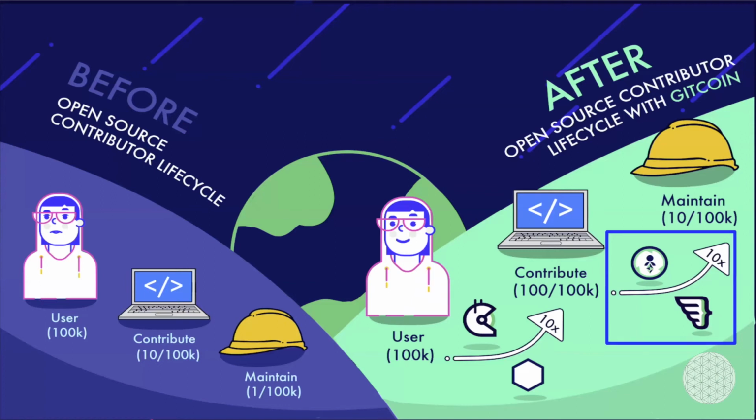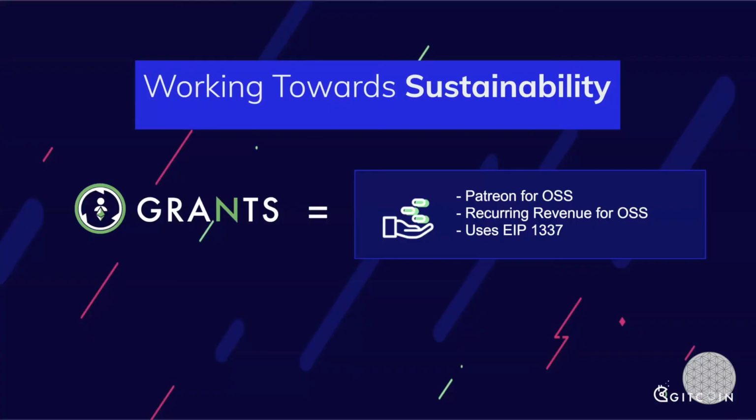Okay, so we have an idea of how we get users to become contributors. That's our rough plan from before. How do we get those people to become maintainers? And one idea for this is just grants, which is not by itself sustainable. I will admit, it would be nice if grants were enough, but I do not think we are there at this point.